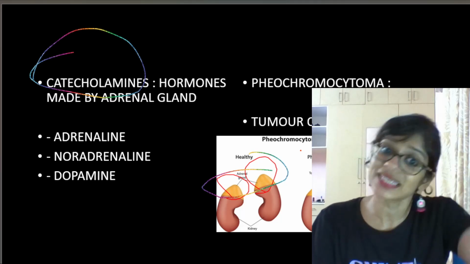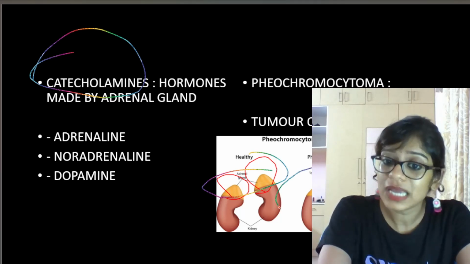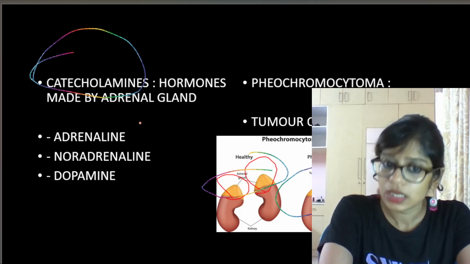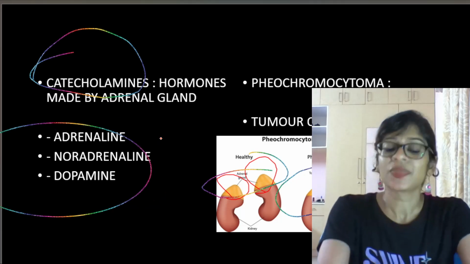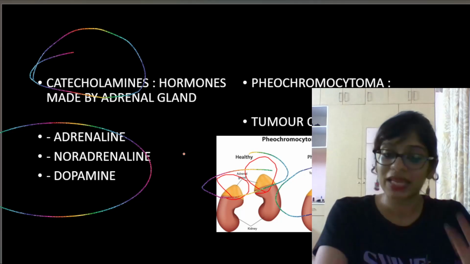These hormones are called catecholamines. Now if there is a tumor of the adrenal gland, what happens? There will be an increased amount of these hormones.